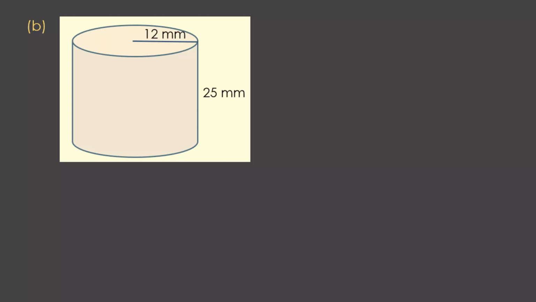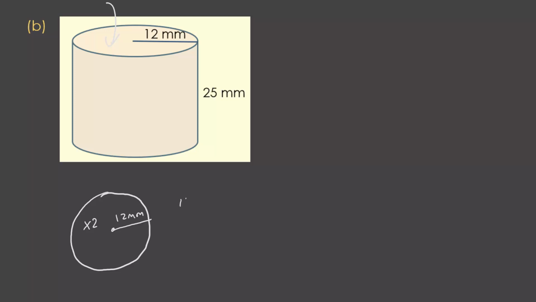Now, if we think about the cylinder, always refer to a question to see if it does have a top and a bottom, but we're assuming here that this is a solid shape. So we've got two of these, and the radius is 12 millimeters.